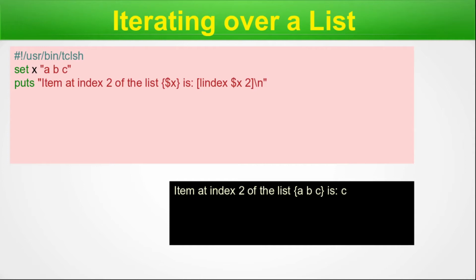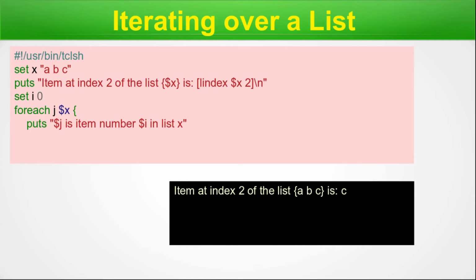You can see that there are 3 elements here. The first one is the 0th, then the 1, then 2. So at that 2 position the element is C. Next, we set i to 0 and we use a foreach loop to iterate over the list, and we use the puts command to print that j is the item number $i in the list in x.